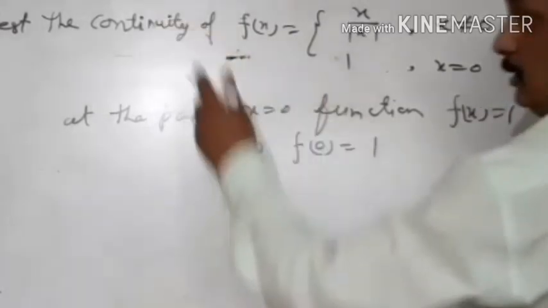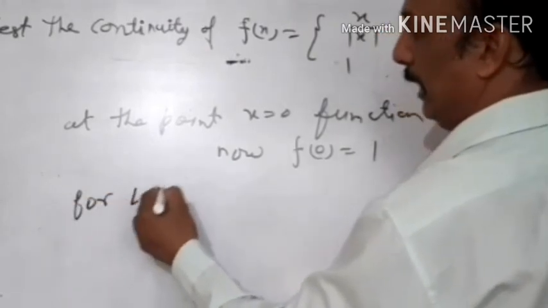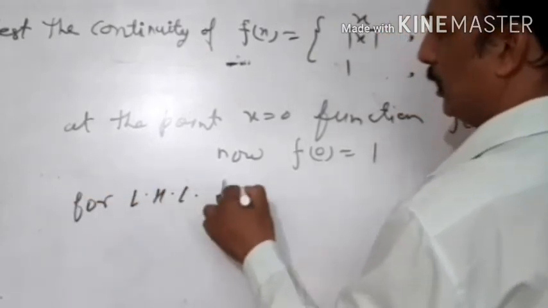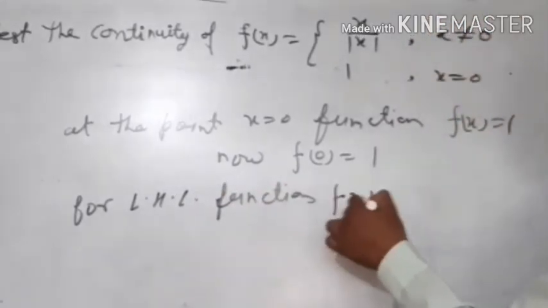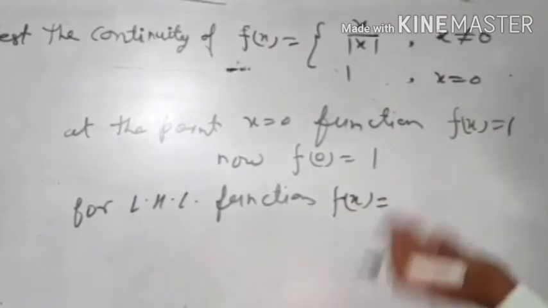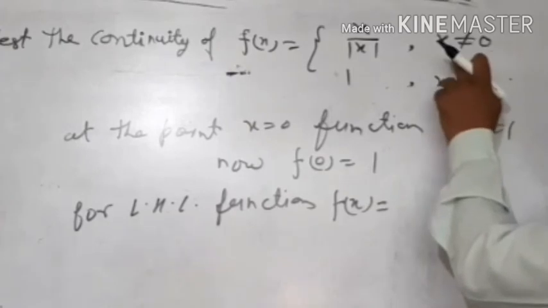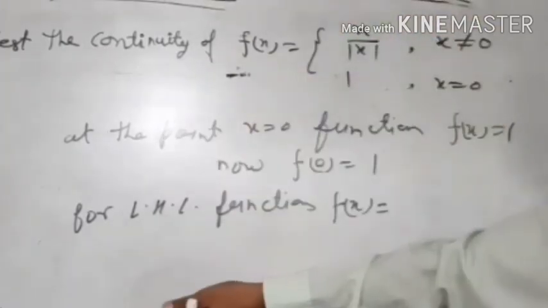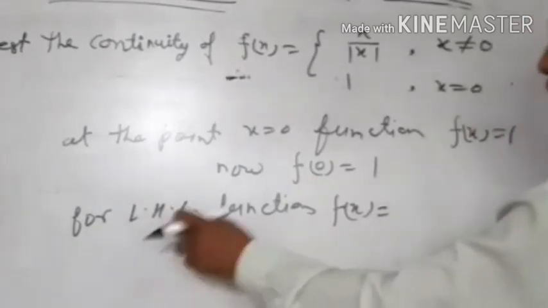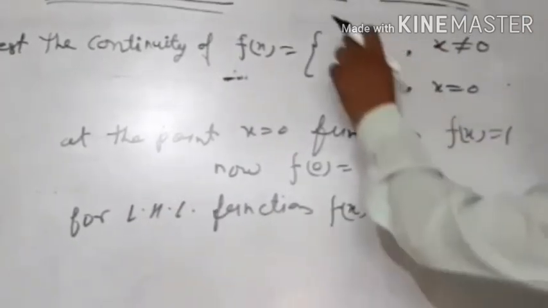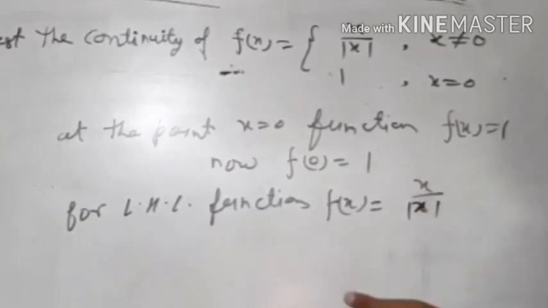Okay? For LHL, which function do we select? x not equal to 0 means x may be less than 0, x may be greater than 0. For LHL, less than 0 means we take x upon modulus x.